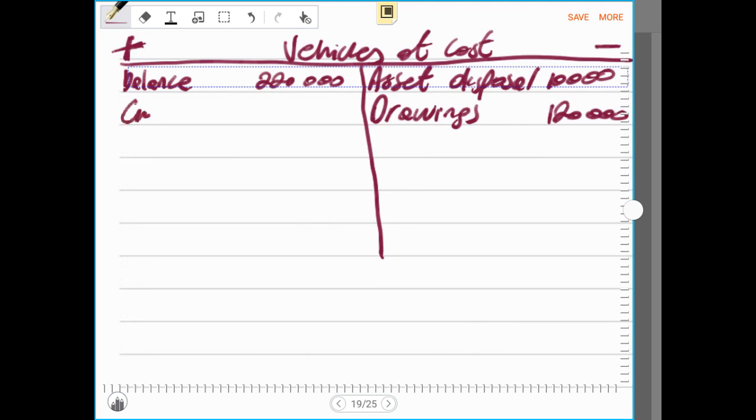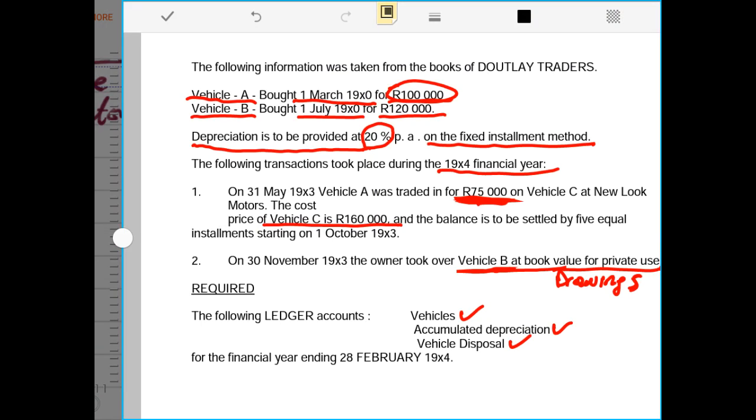Then the contra entry will be creditors for an amount of 160,000 rands. Why am I saying this asset was bought on credit? It's because in the information provided, we were told that the balance was to be settled in 5 equal installments starting on the 1st of October 1993.